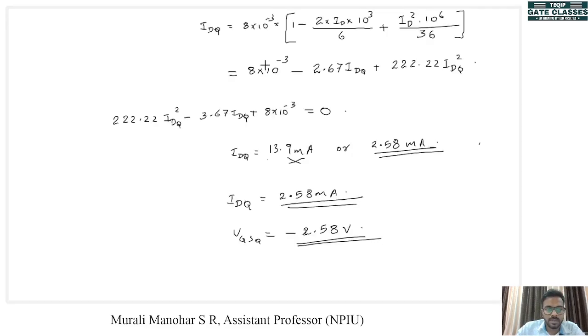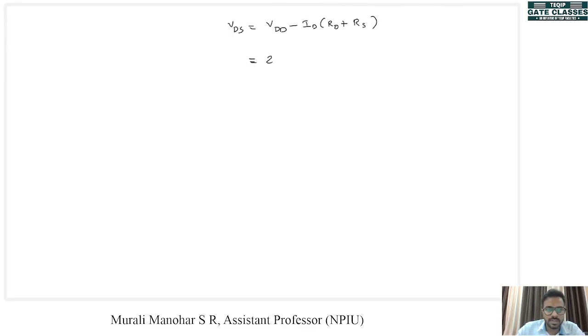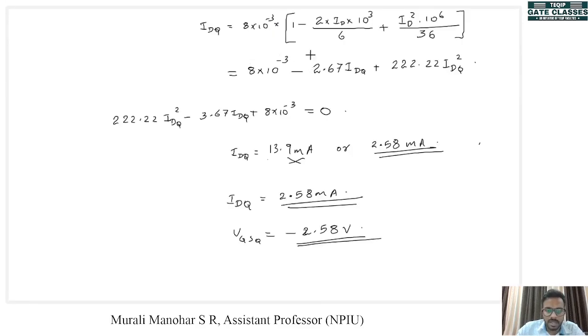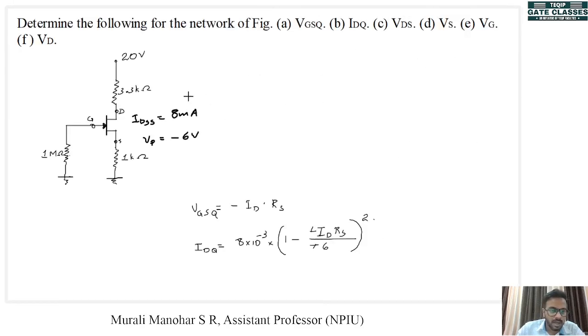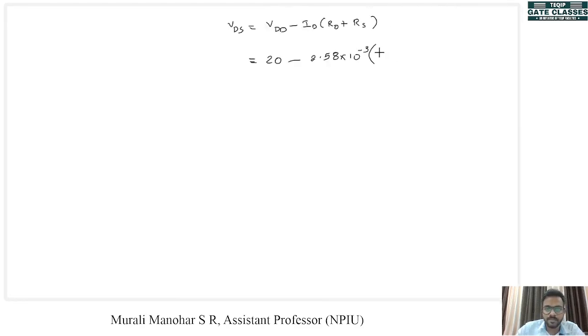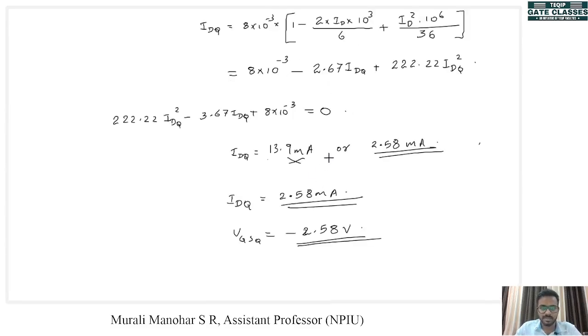Now that will be equal to VDD is 20 volts. So 20 minus ID is 2.58 milliampere into RD is 3.3 K and RS is 1 K, that into 10 to the power 3. This cancels and VDS is given by 8.906 volts. This is VDS.